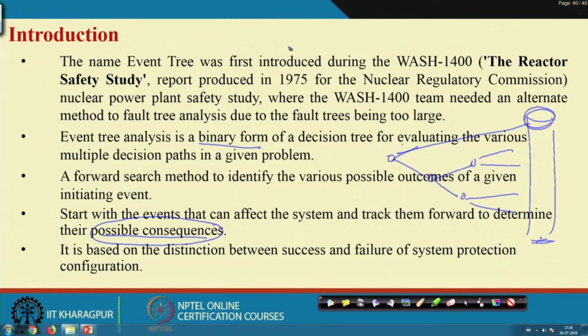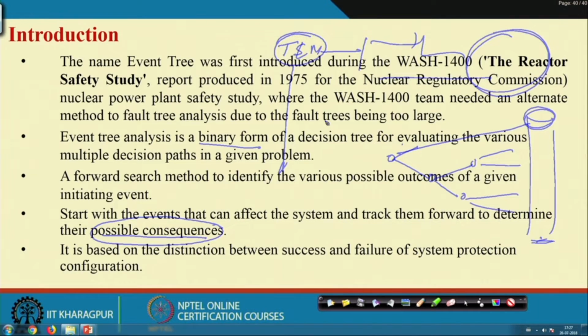So, that is the difference. In a fault tree, you have a top level mishap and you dig down. In an event tree, suppose that mishap happened, how will the system behave and what will happen next? So, the consequence side is usually taken care of by the event tree, and the causes side is usually taken care of by the fault tree.